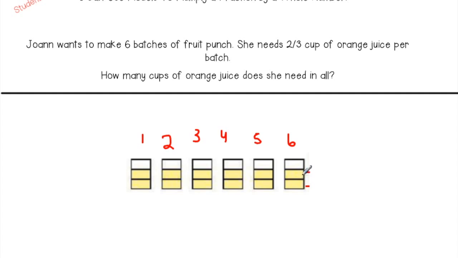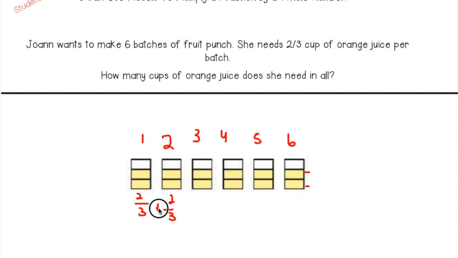As you can see, 2 are shaded out of 3. I can do repeated addition for these, knowing that each thing is 2/3. Each batch has 2/3 cups of orange juice.